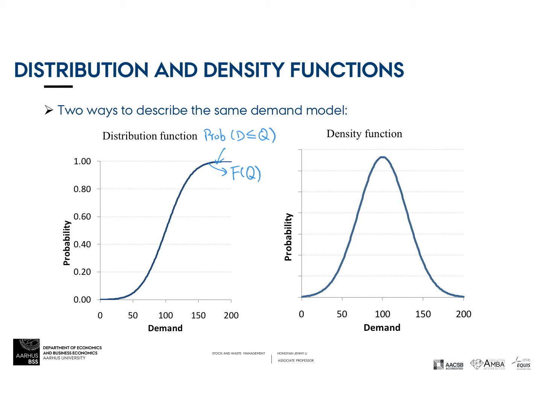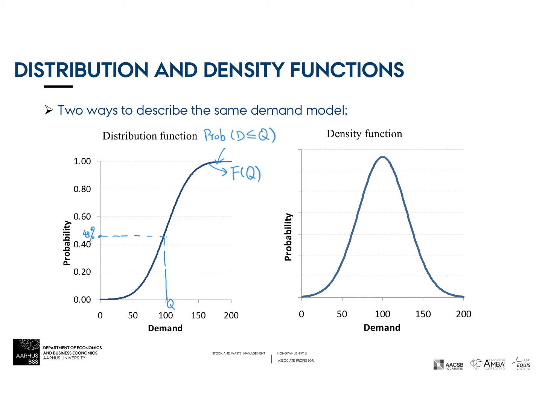So this is a probability. For example, if your Q is 100, then the probability that the demand is less than or equal to 100 units will be around here, let me see, 45%.